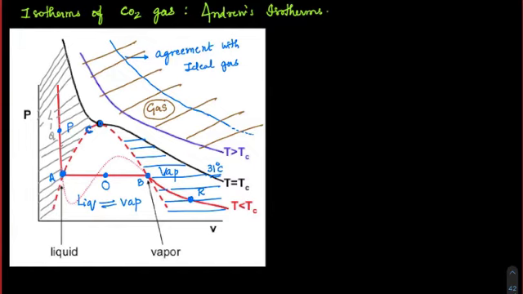Now check this out. Suppose I say that I started the gas at point R. At point R, it would have some amount of volume and some amount of pressure. Just by increasing the pressure, please keep following the arrow, volume will decrease, and suddenly at this pressure, a drastic change in the volume has happened, which means this vapor must have suddenly converted into a liquid drop.